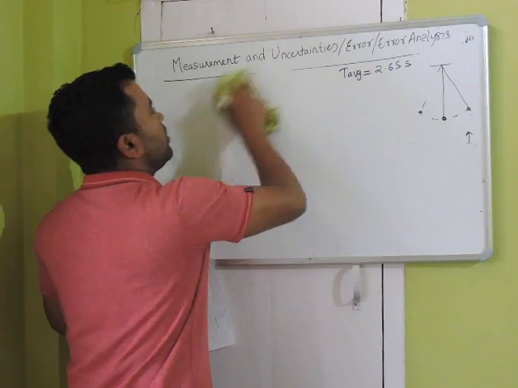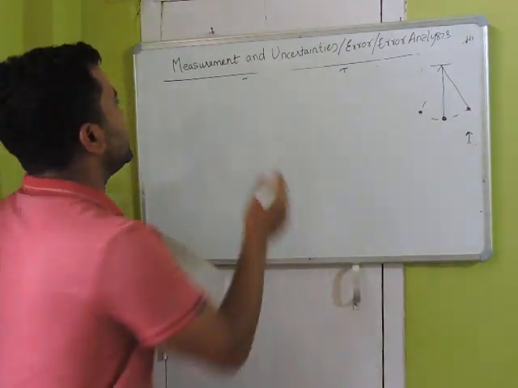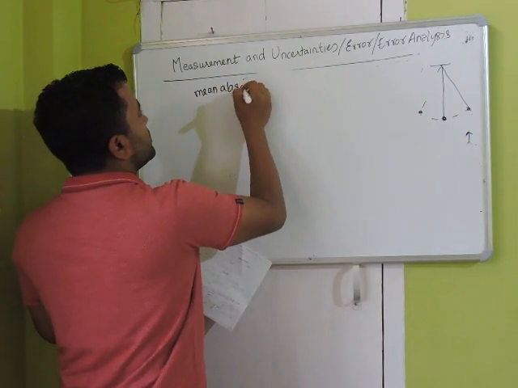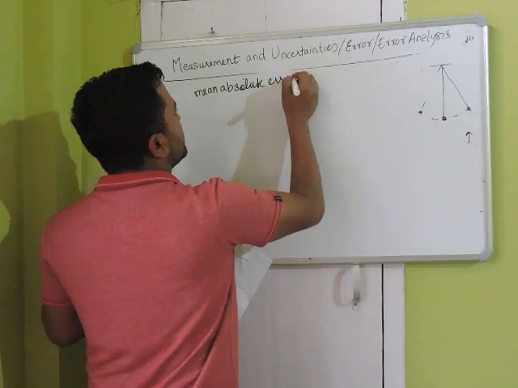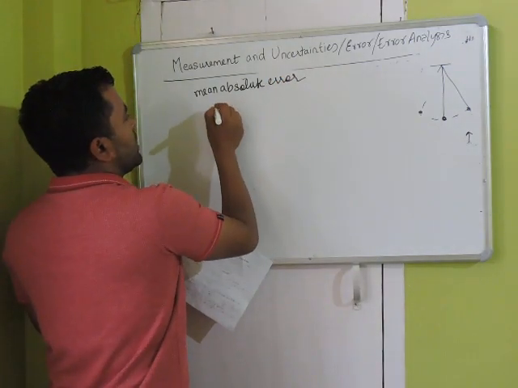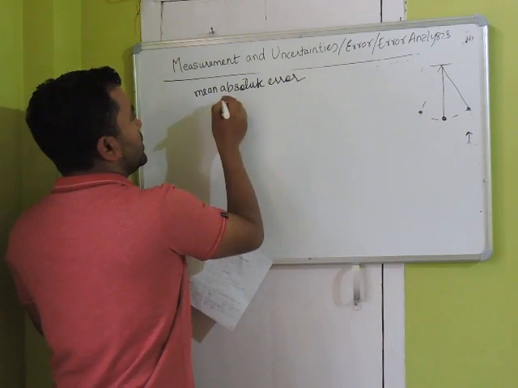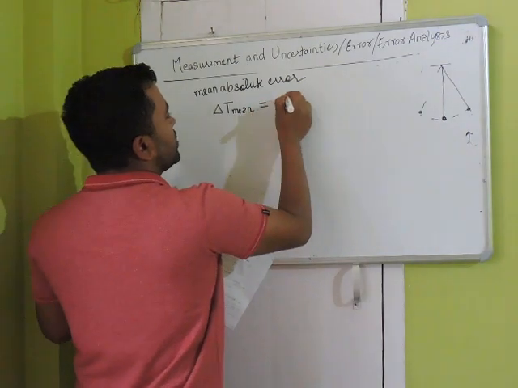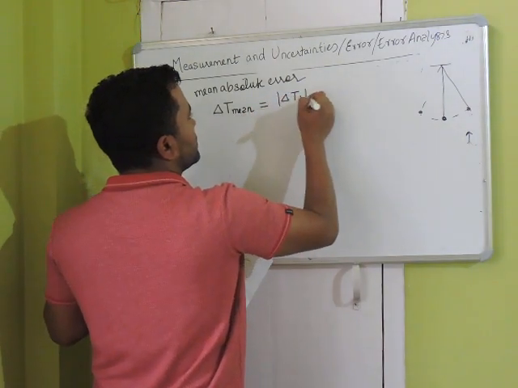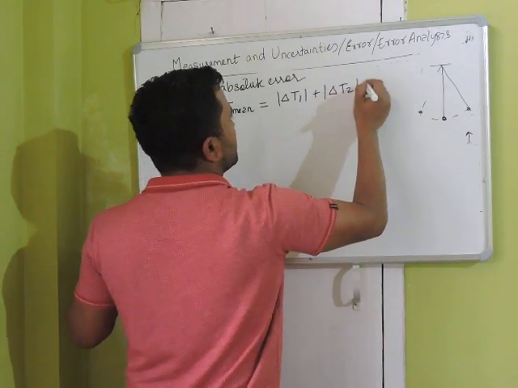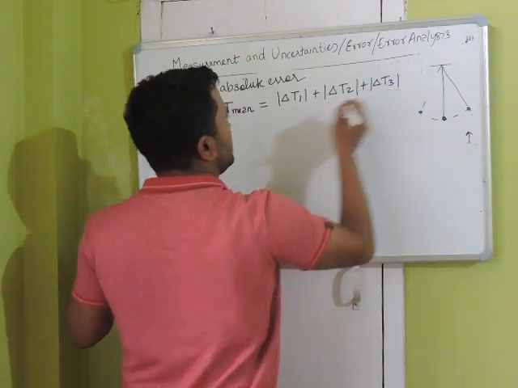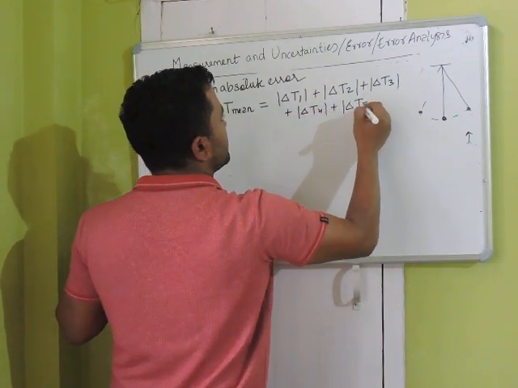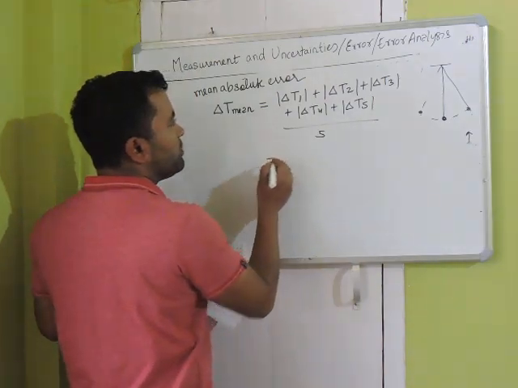Mean absolute error in this case will be calculated, let us denote it by delta t mean, equal to the sum of delta t1 and so on, divided by 5. This is the calculation of mean absolute error.